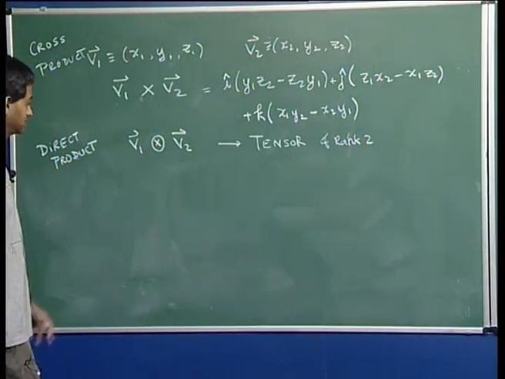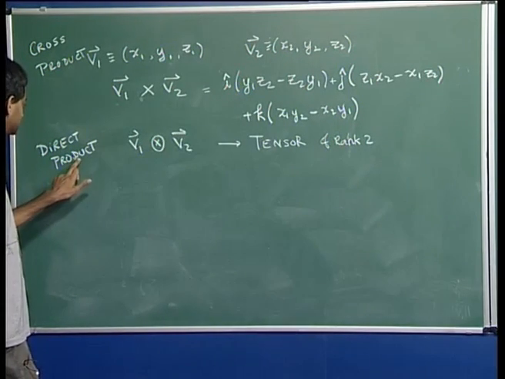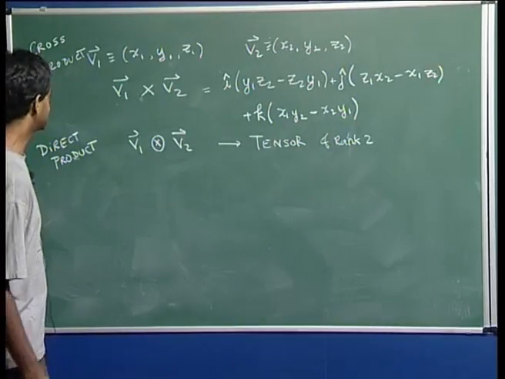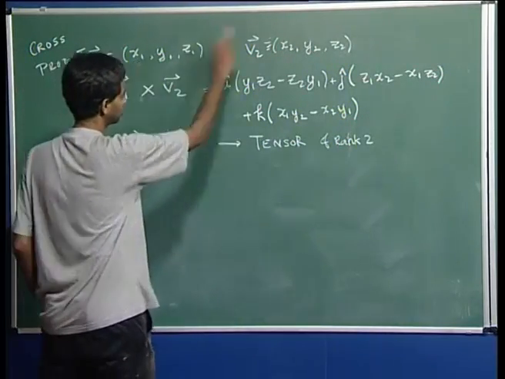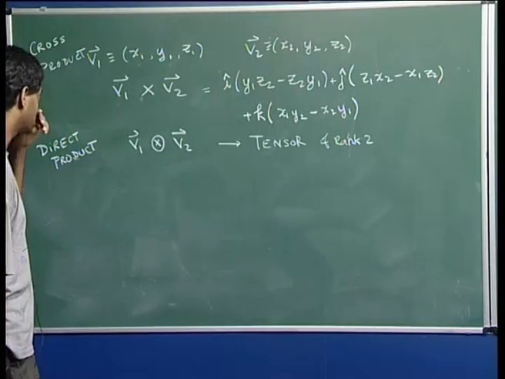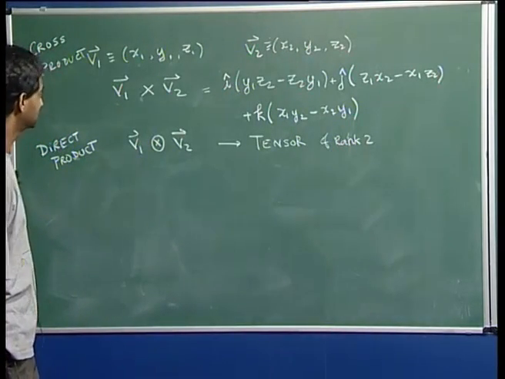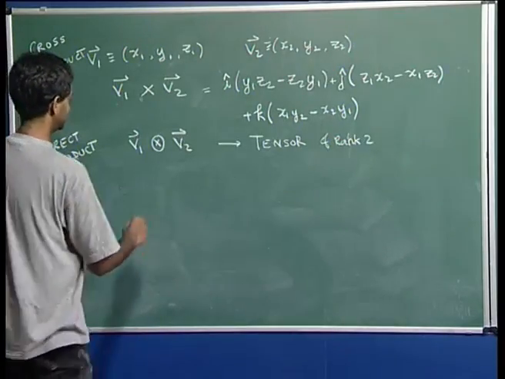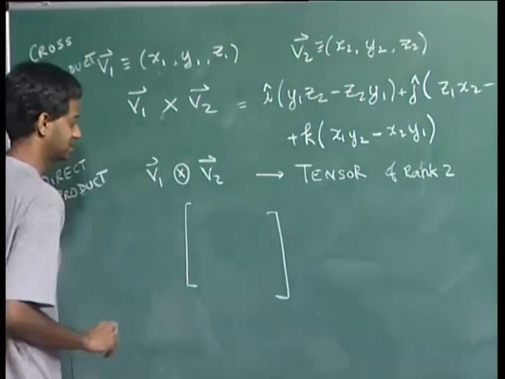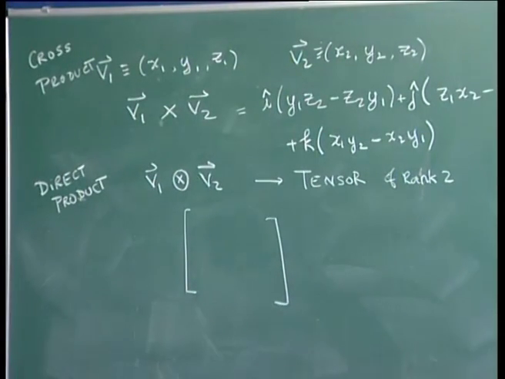A tensor, the direct product, is something that combines both of these, and it says that you look at all possible combinations of products. If you look at all possible products that you can generate, then there are 9 possible products, and it is typically represented in this matrix form.